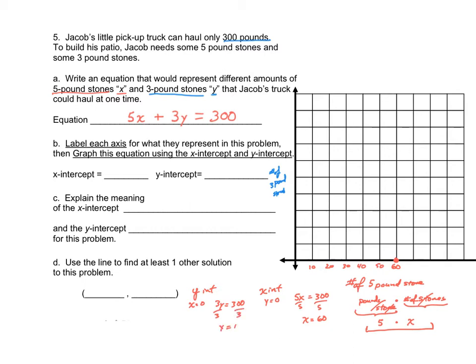Y equals 100. So my y-intercept has to be 100. I have to be able to count up to 100. So I'm going to make this 10, 20, 30, 40, 50, 60, 70, 80, 90, 100. There's my y-intercept and my x-intercept.